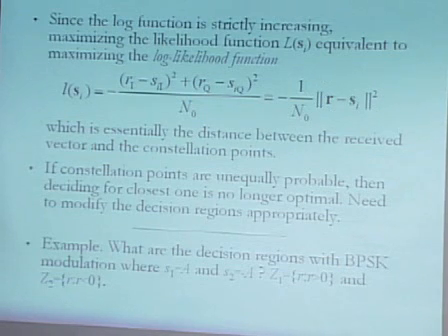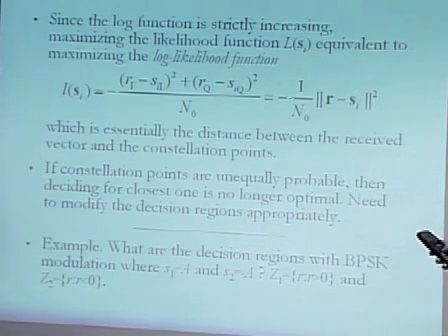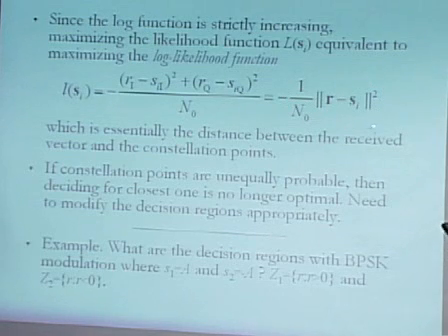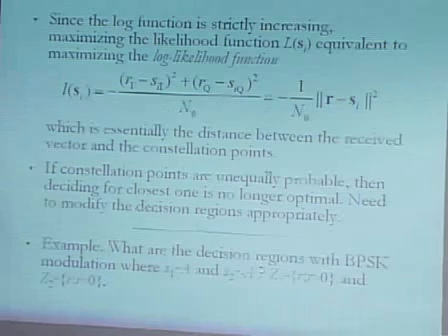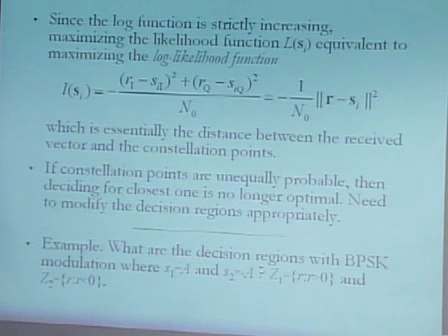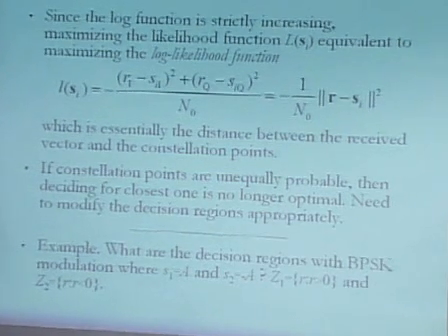Okay, we want to maximize this. Notice that this is a negative function, so we want to minimize it. To maximize this, we want to minimize the distance, because there's a negative sign here. So minimizing this means choosing the point that is closest to the received vector r, which is what we saw intuitively.